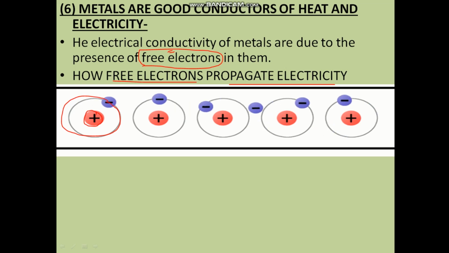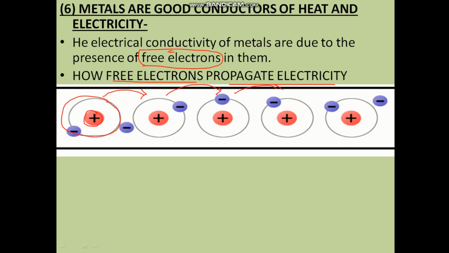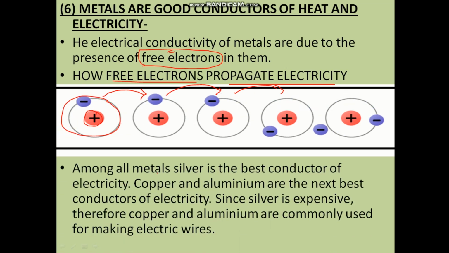Electrons are negatively charged. Here you can see atoms are not themselves propagating. Rather, the electrons are moving from one to another, from one to the next one. This is how electricity is propagating through the free electrons.